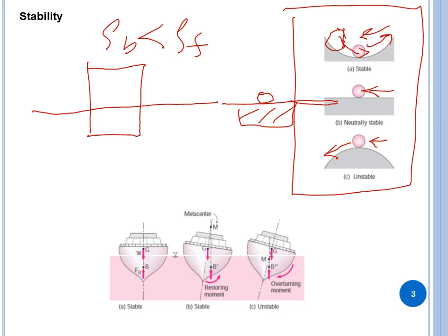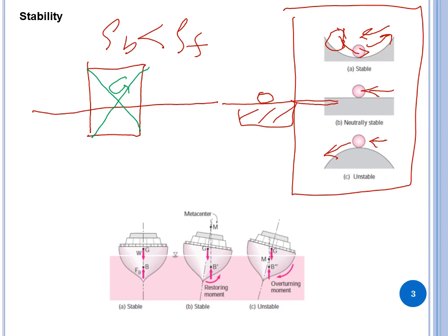Now it is going to have a center of gravity, and you know how to find out the center of gravity of this. So it is something like this. This is the center of gravity, which is G. This is the center of gravity of the solid object.